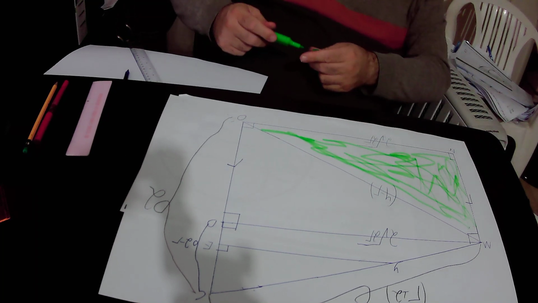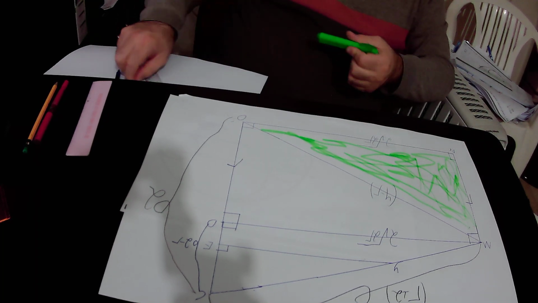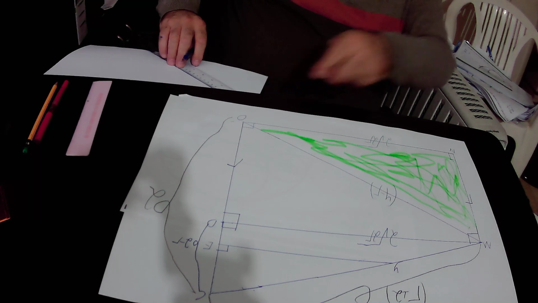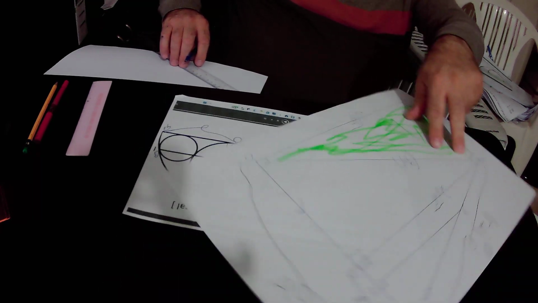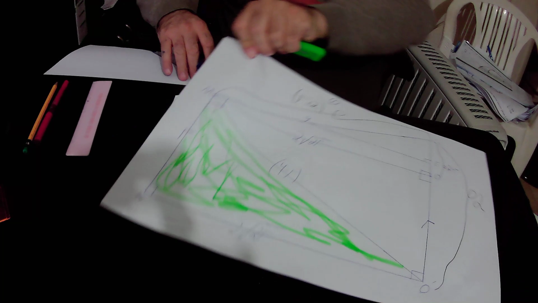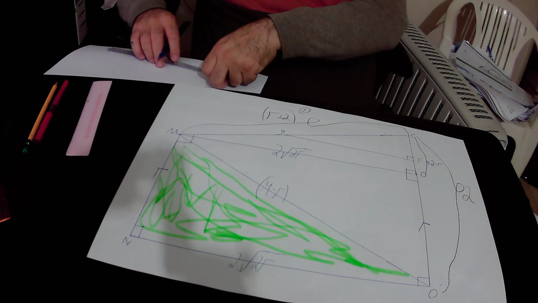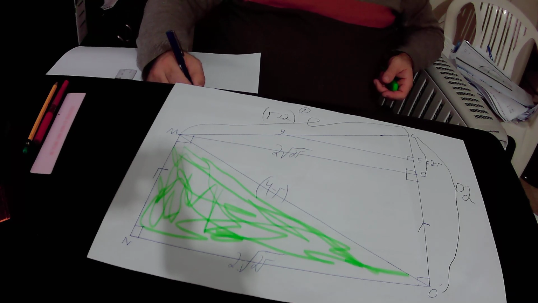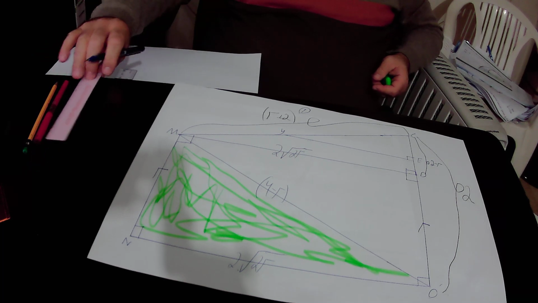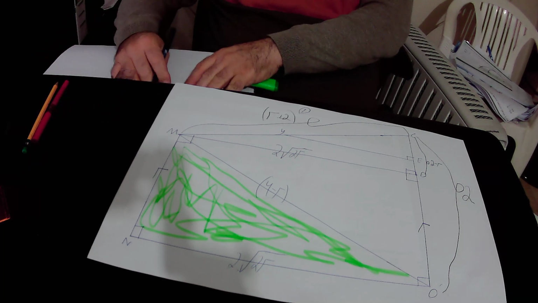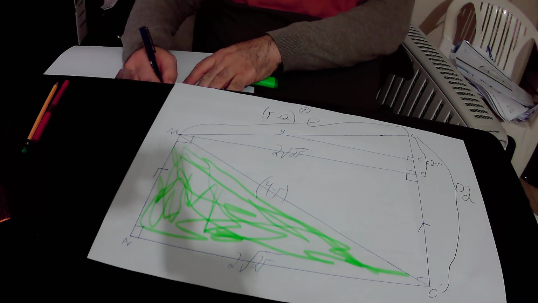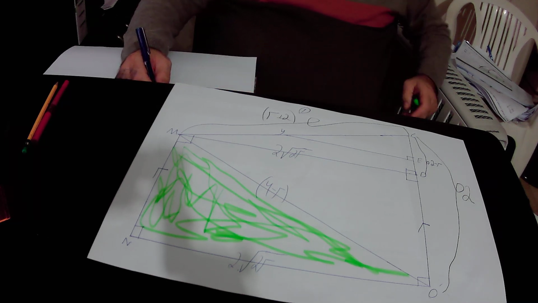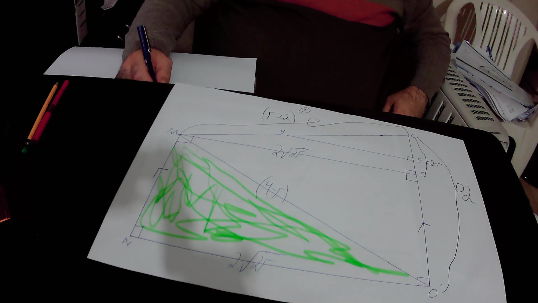According to the Pythagoras theorem, in the right triangle MNO, the green triangle, the square of the hypotenuse equals the sum of the squares of the perpendiculars.